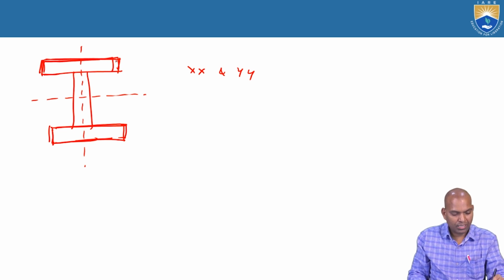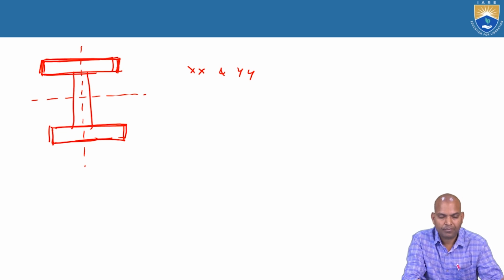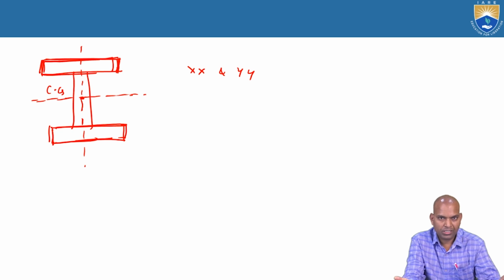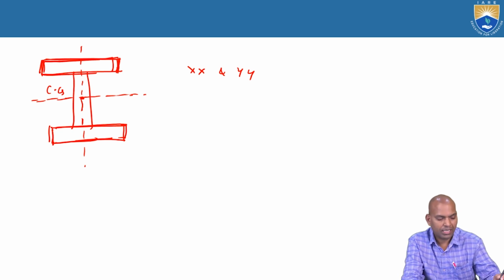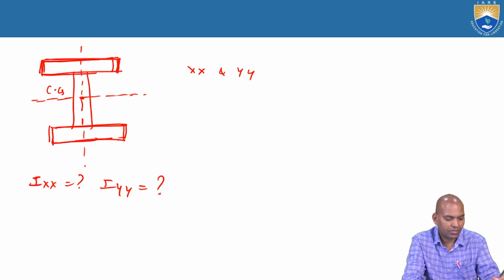Then how do we calculate the moment of inertia for such sections? Since it is symmetrical, the centroid, the CG, can be located directly. If we know the location of the CG, then what are the centroidal axes IXX and IYY for such sections?